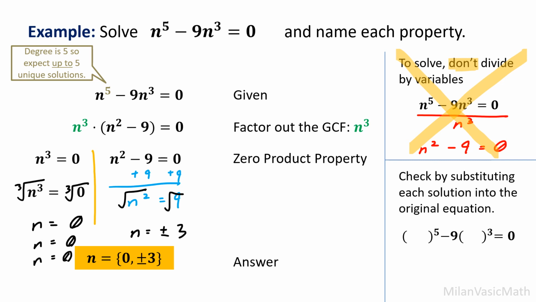But if you could see it here, if let's say you substitute positive 3, essentially what we have is 3 to the 5th power, and this could be 3 squared. So it's 3 to the 5th power minus 3 to the 5th power equals 0. So no calculator necessary, and then you should check negative 3. And that should confirm that our answer is correct.